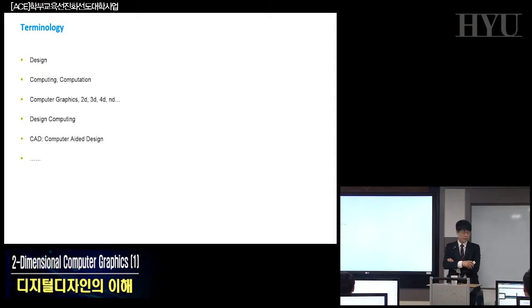We listed up some important keywords under this terminology. Of course, we are dealing with design, computing, or computation. Computer graphics in 2D, in 3D, even in 4D or ND are available, I told you before.